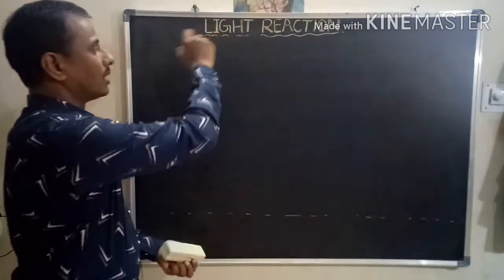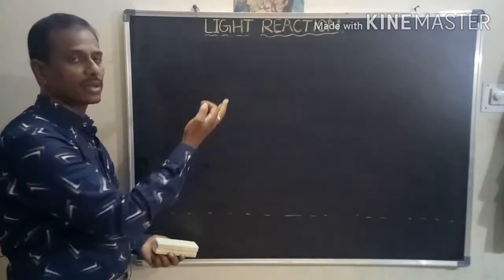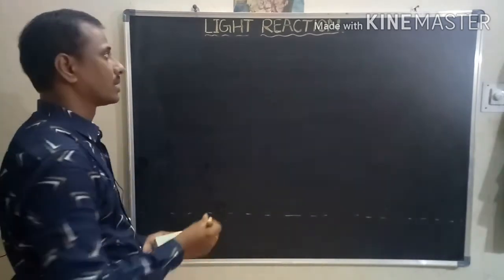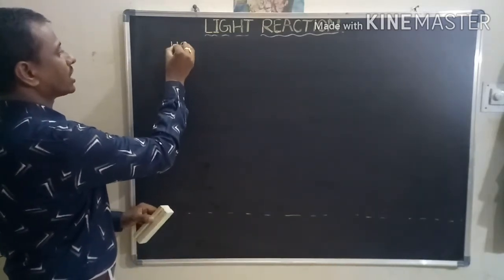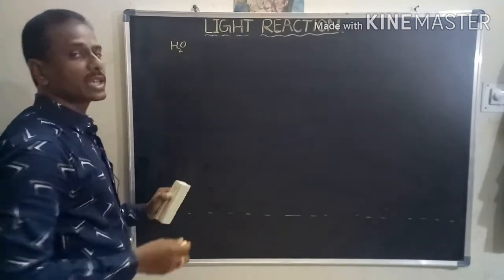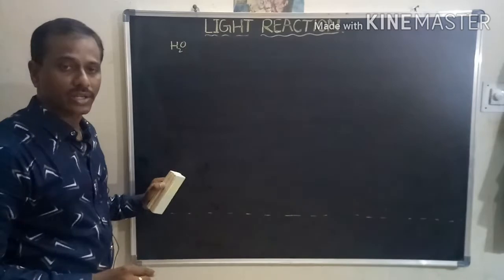See, light reaction. What is light reaction? What is happening in light reaction? Where does it take place? The first step takes place in the presence of light, so it is called the light reaction.